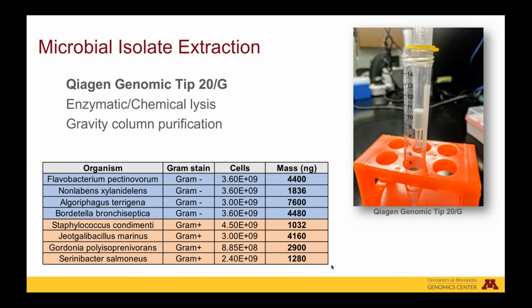It typically results in really clean DNA, which is suitable for this protocol downstream. As you can see here, the yields for our microbes are somewhat variable, even taking into account different cell inputs. But this is to be expected, and actually part of the reason we think this community will offer some utility as a tool to study extraction biases.